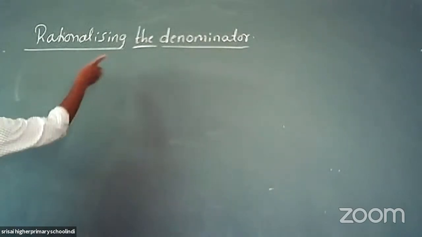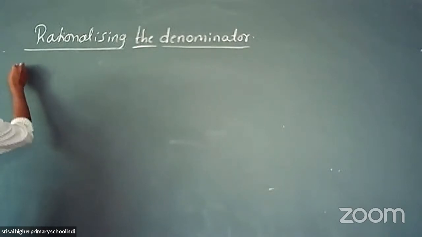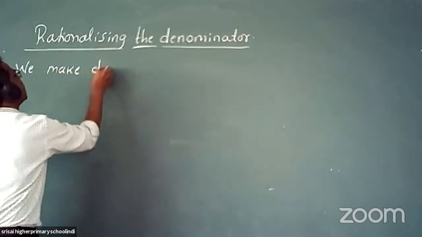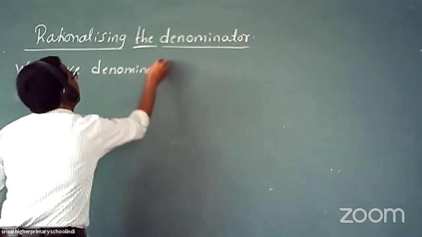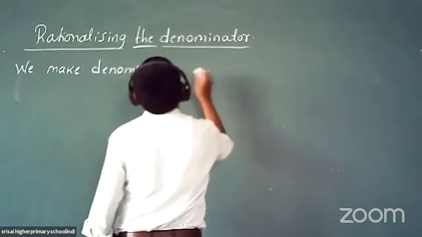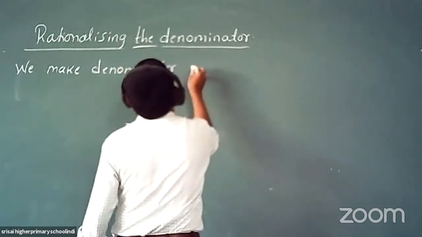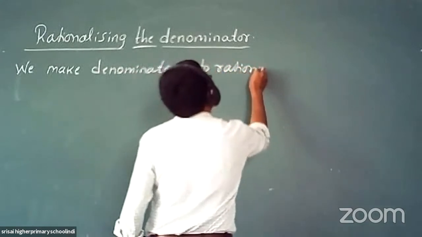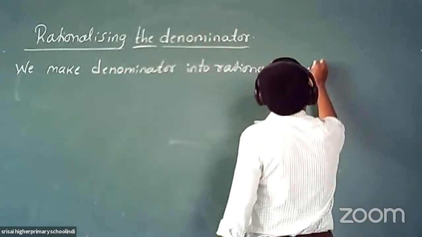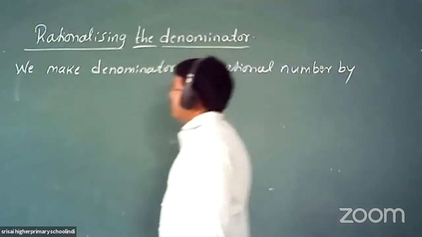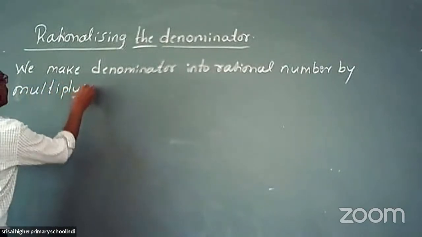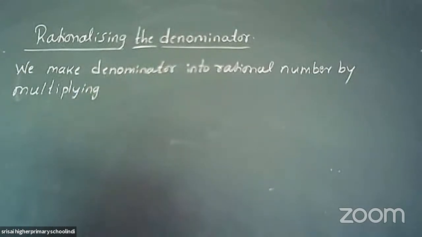Rationalizing the denominator means that if it is irrational, we make denominator into rational number by multiplying.